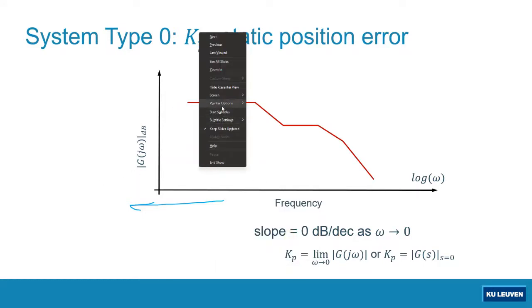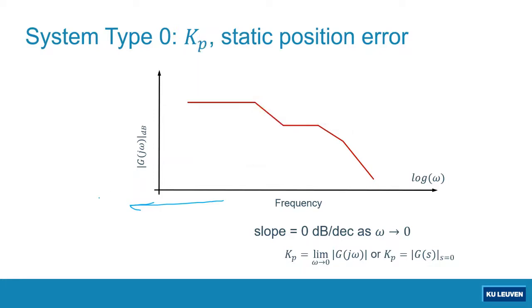Now, how do we estimate the static position error constant? It's very simple. The static position error constant apparently can be estimated roughly based on the asymptotic value of the magnitude at low frequency region.